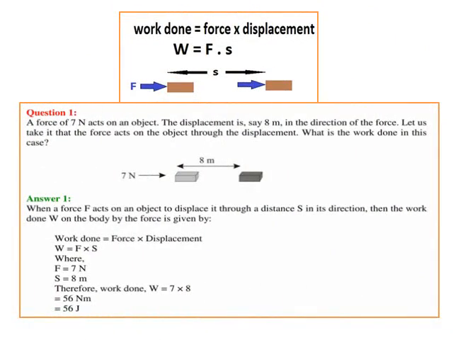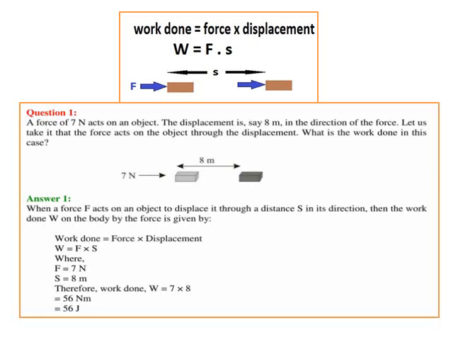Now, let us apply the formula in solving one of the numericals in your textbooks. So the formula is work done is equal to force into displacement, W is equal to F into S. Question: a force of 7 Newton acts on an object. The displacement is, say, 8 meters in the direction of the force.